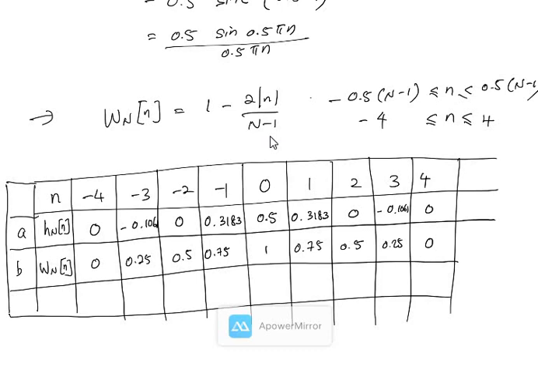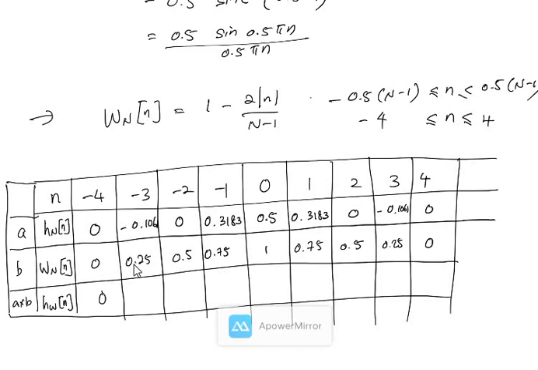Now after you find h[n] and w[n], you find hw[n]. Do you still remember? Just now the slide said that hw[n] is the pointwise product of h[n] and w[n]. So you multiply. This one multiplied with this one, you get 0.